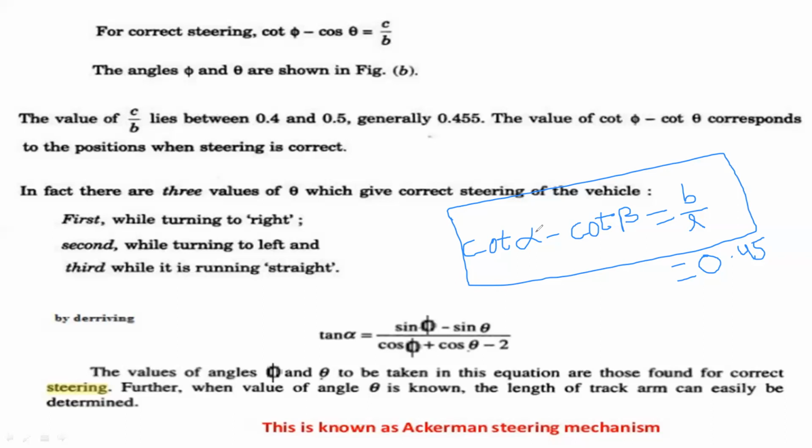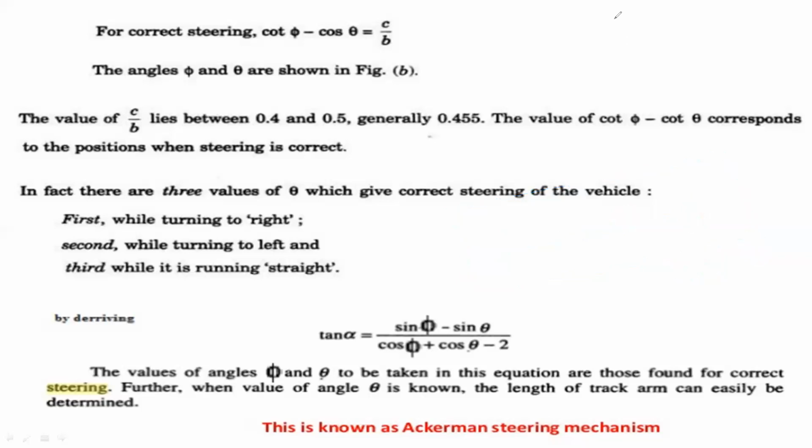So the value of cot phi minus cot theta, that means cot alpha and cot beta, correspond to the positions when the steering is in correct position. So that is overall about the Ackermann steering mechanism. In this condition I can apply these values to any type of vehicle.